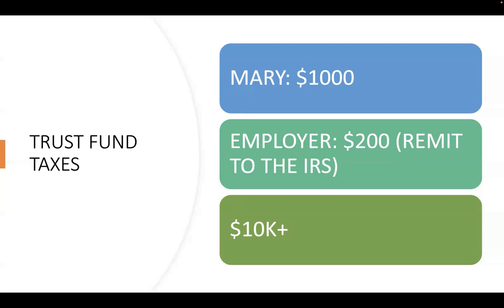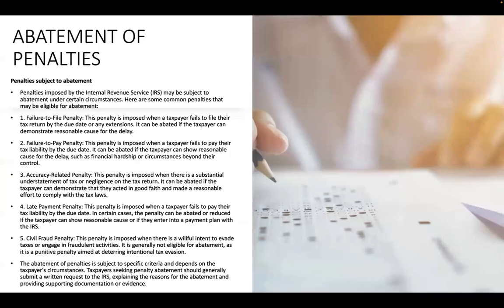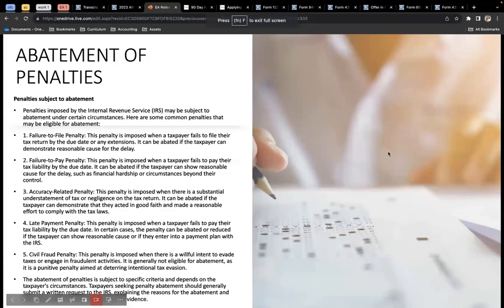So if you're doing payroll for your business owners and you're the person responsible to remit the trust fund taxes to the IRS, they can hold you personally responsible for this. And the trust fund penalty is 100% of the tax debt owed. And oftentimes it's several $1,000s of tax debt owed. The penalty will be equivalent to that. And they can hold you personally responsible, just so you know, FYI.